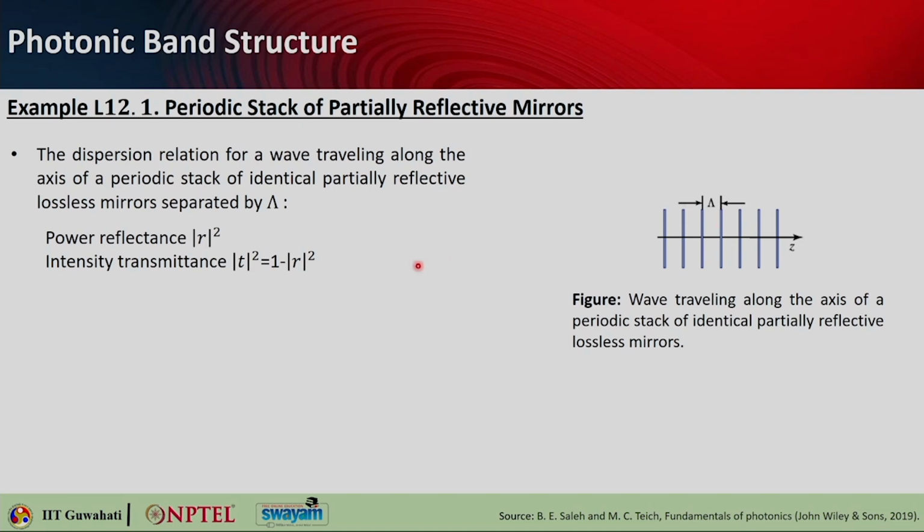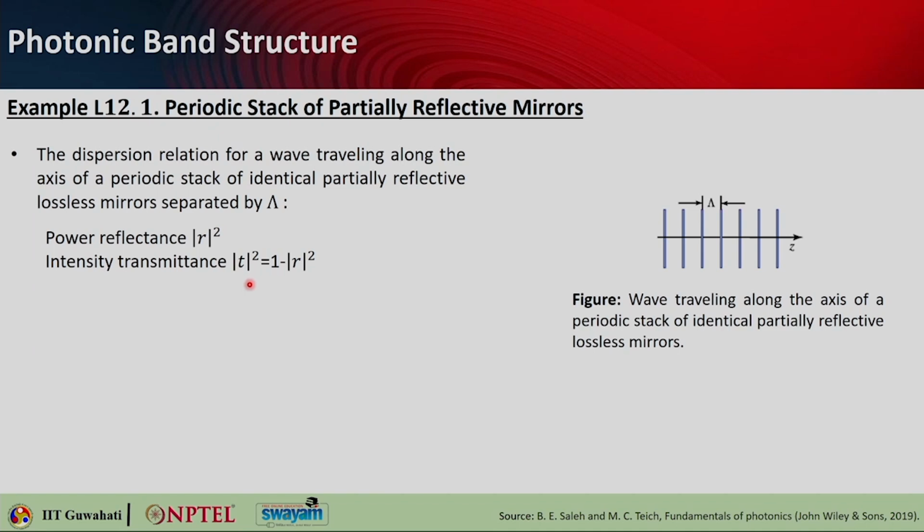The dispersion relation is for a wave travelling along the axis of a periodic stack of identical, which is very important, partially reflective lossless mirrors separated by capital lambda. In this case the power reflectance is modulus of r squared, and the intensity transmittance is what is not reflected, because these are non-absorbing.